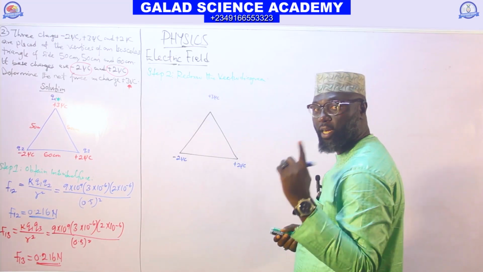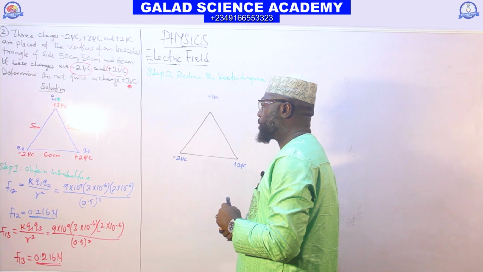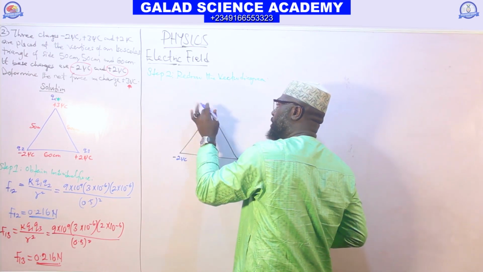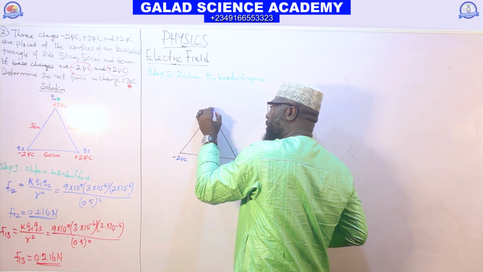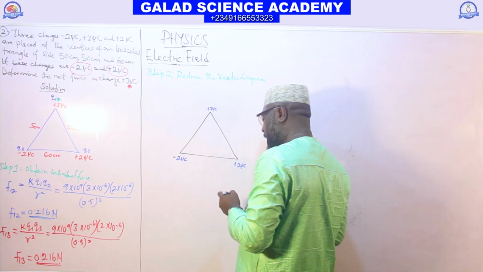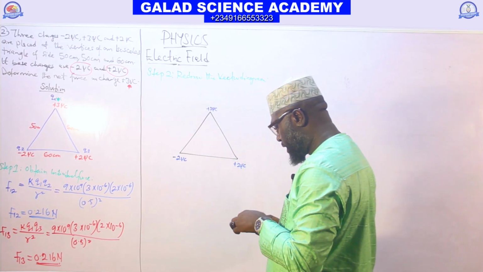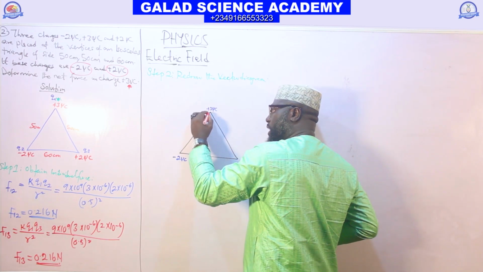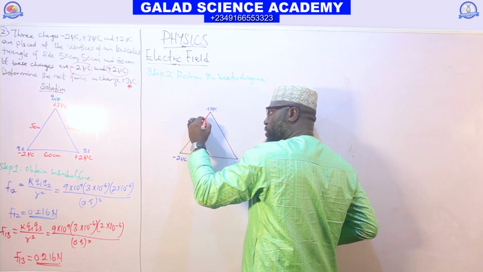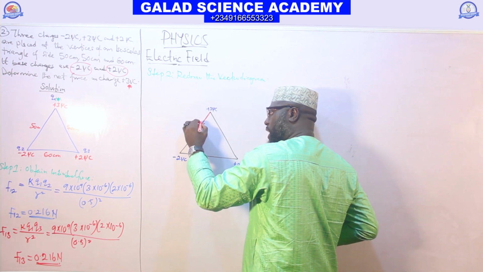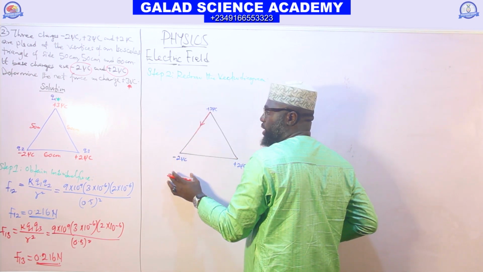So to draw the diagram, between this and this, let me put +3 microcoulomb here. Between this and this, which kind of charge do we have? Is it repulsion or attraction? It's attraction. Therefore, the force will attract to go here.